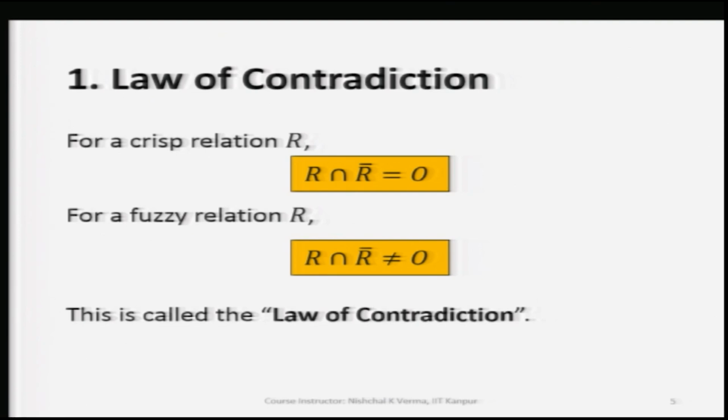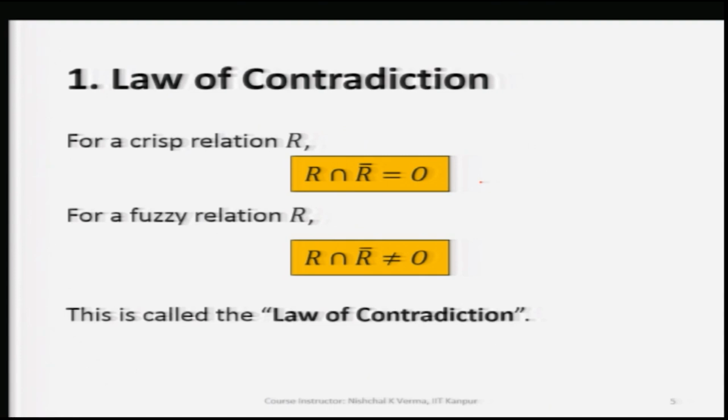For a crisp relation, let us say it is represented by capital R. So, R intersection R bar, under any universe of discourse, let us say capital X, is equal to 0.